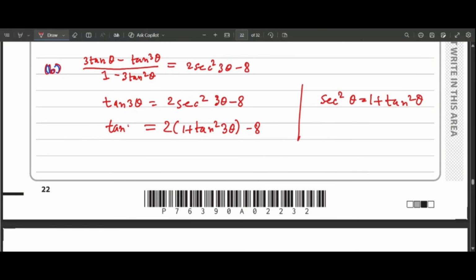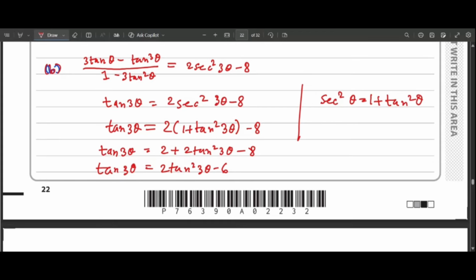This is equal to tan 3 theta. Expanding the brackets and simplification will give us 2 tan square 3 theta minus 8. Ultimately, this will be simplified to 2 tan square 3 theta minus 6 equals tan 3 theta.